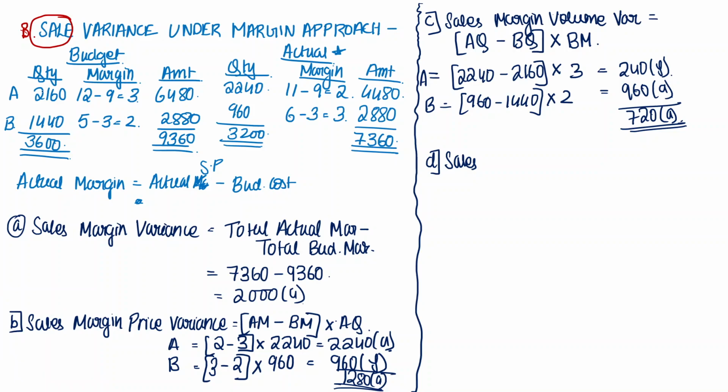For 3600, 2160. So for 3200, how much? You will get the same answer. I have not changed the quantities under both approaches, I have changed the margin. When we calculate revised standard quantity, we calculate it on the quantity, so it won't change.